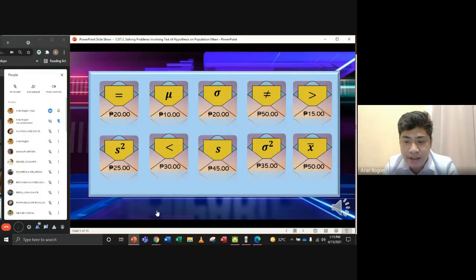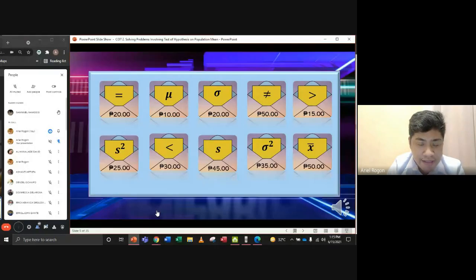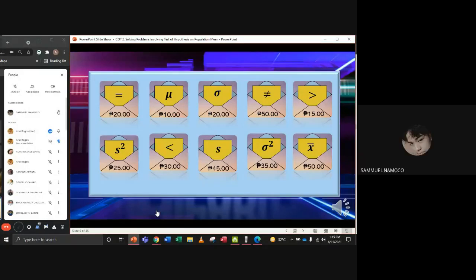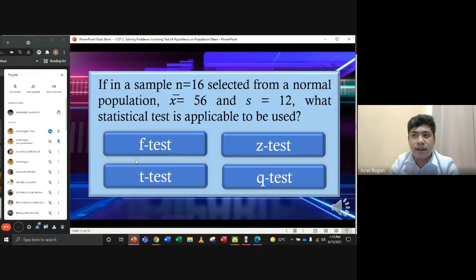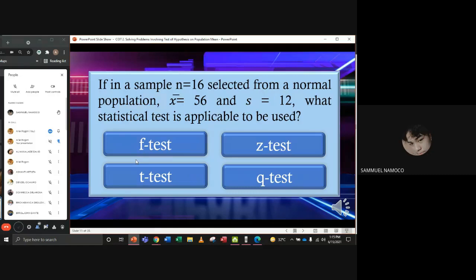So sample standard deviation, and then the population, and then the variance, the sample variance. We still have two remaining. Yes, Samuel. Sample standard deviation. That is sample variance.